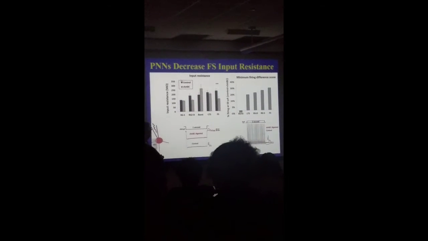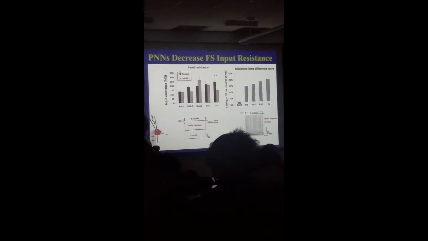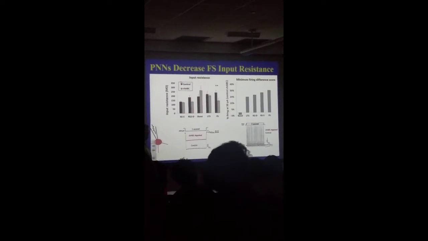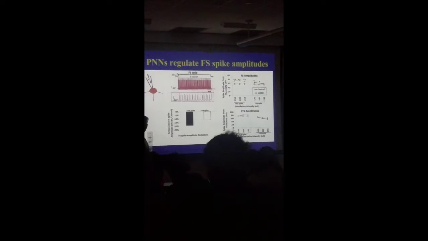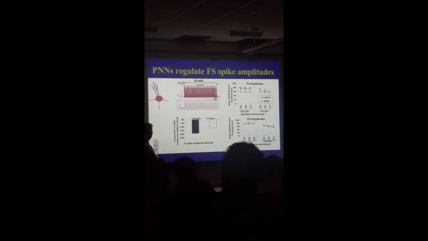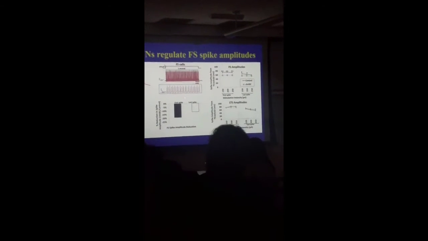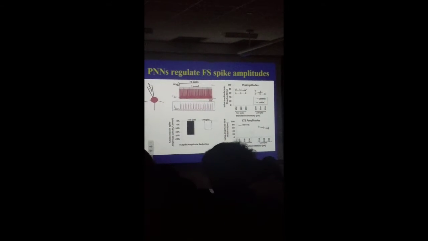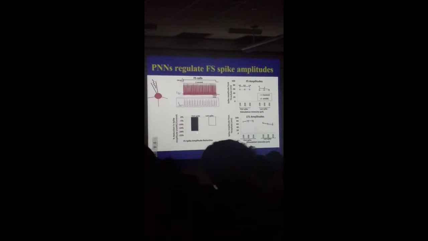This impacts the firing of the cells. As you can see here, the difference between the control condition and the digested condition, the FS cells show the greatest difference. That's quantified here, where the red is the digested condition and the black is the control condition.